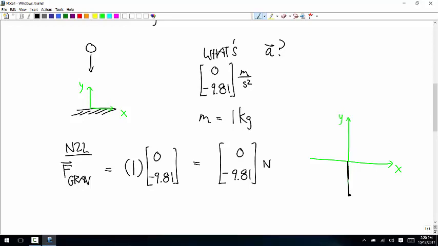So the vector is just straight down, with a magnitude of 9.81 newtons. Okay, so this 1 kilogram object, the force applied to it by gravity is 9.81 newtons.